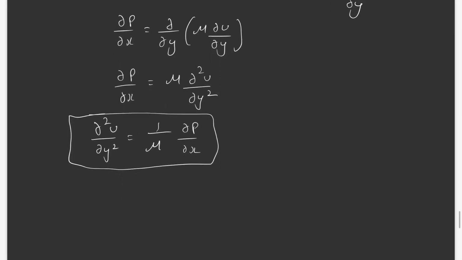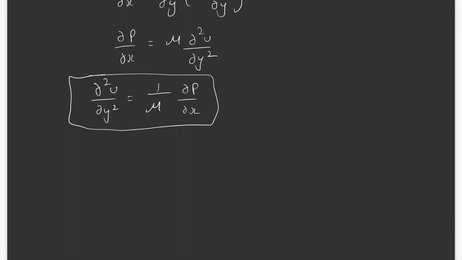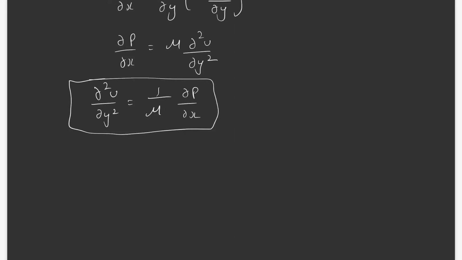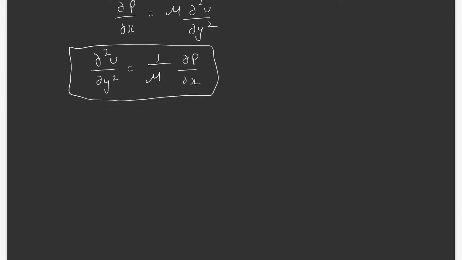From this we'll see what is the expression of velocity. There we got an expression for velocity, u is equal to 1/4μ into minus ∂p/∂x into capital R² minus small r². In the same way we are going to derive an expression for velocity over here also. Let's see how it is done. So ∂²u/∂y², we integrate.